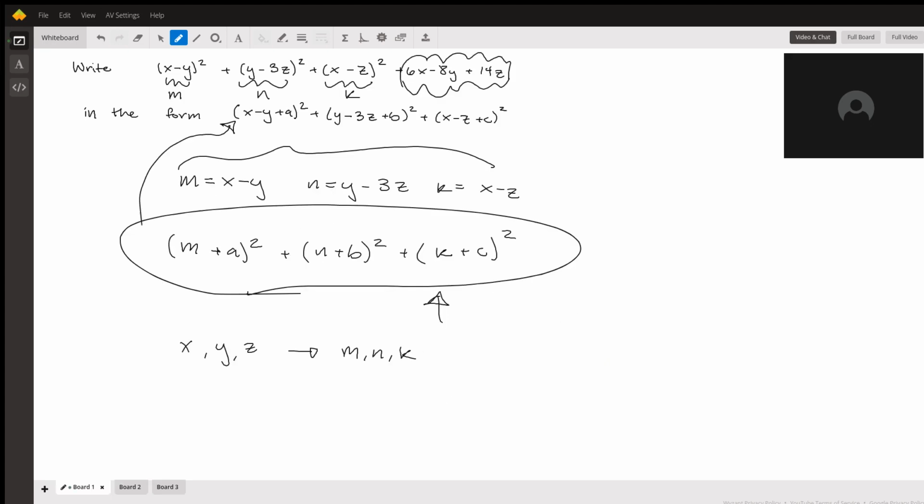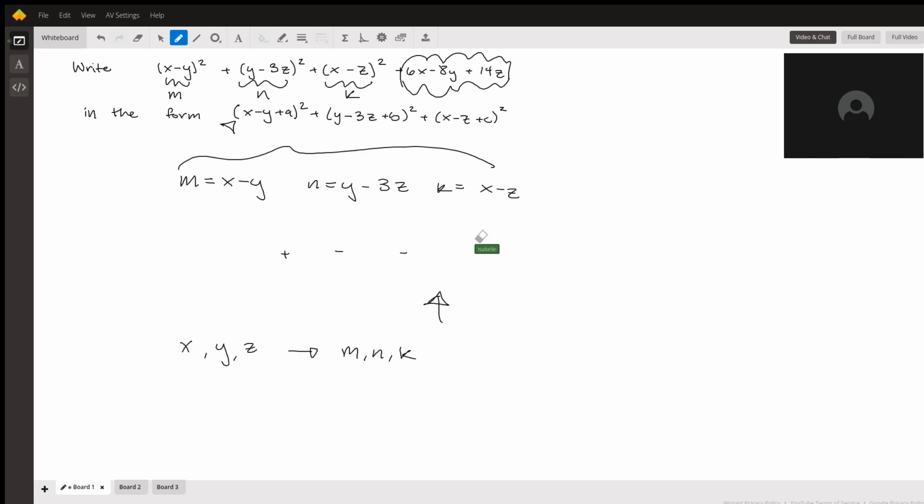I'm going to run back to board number 1 here, and I'm going to clear off a lot of what we have so that we can rewrite this as we would want to. So remember, we're going to replace everything in this top equation here with the m, n, and k variables.